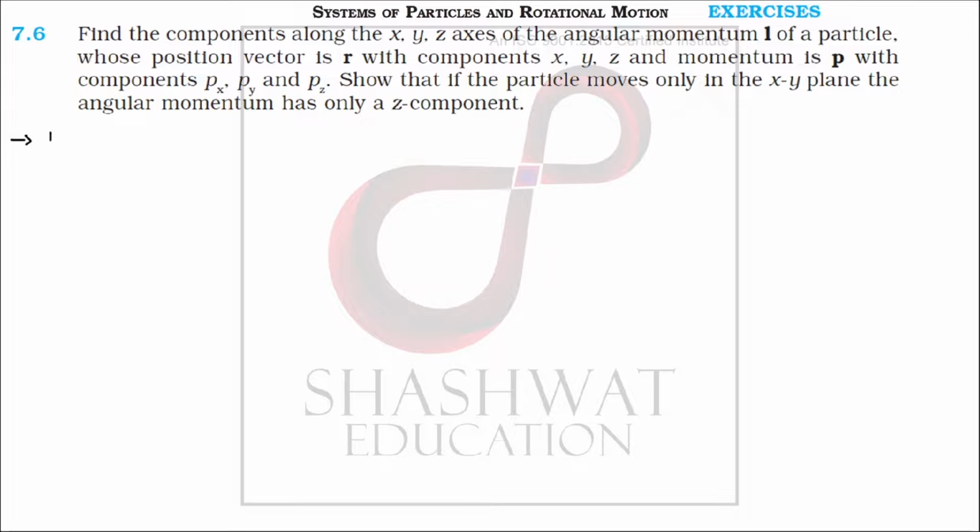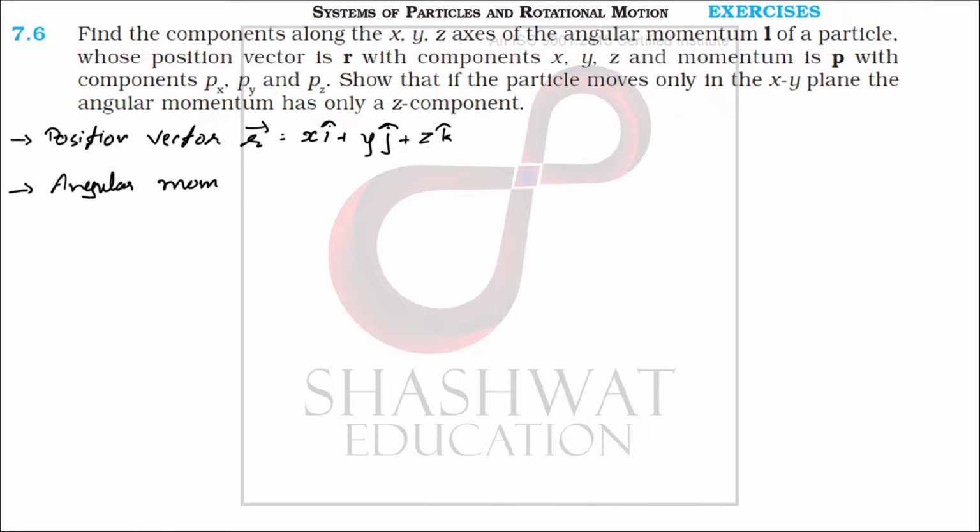First, position vector r is equal to x i cap plus y j cap plus z k cap, and angular momentum vector L is equal to Lx i cap plus Ly j cap plus Lz k cap.